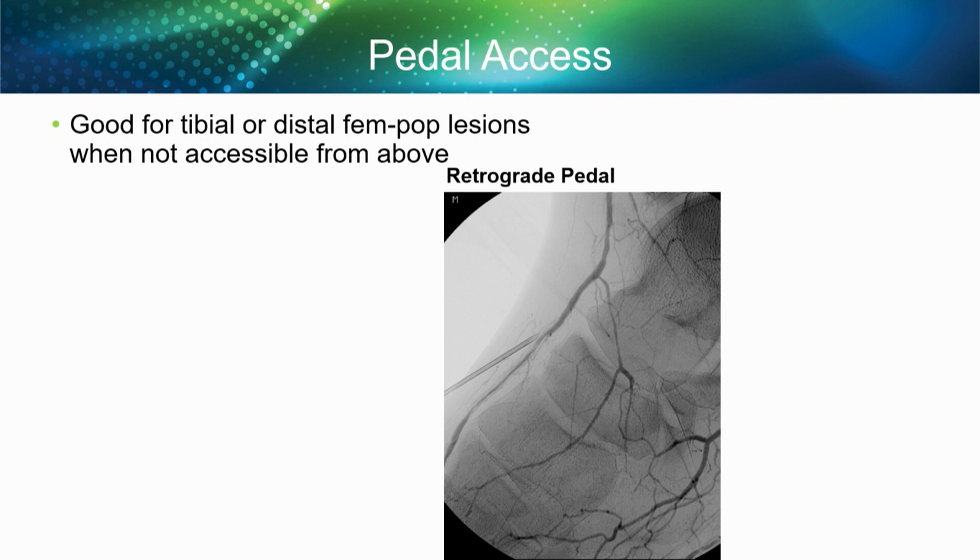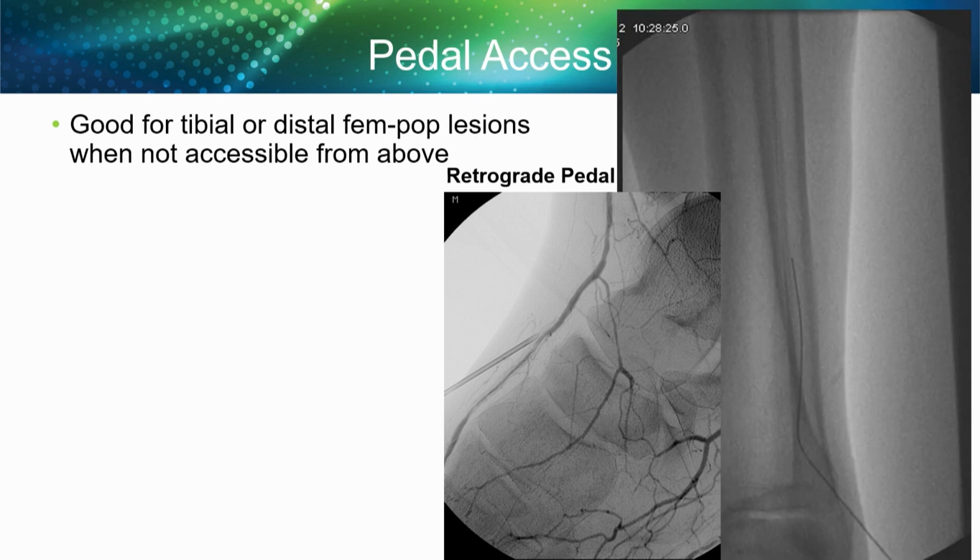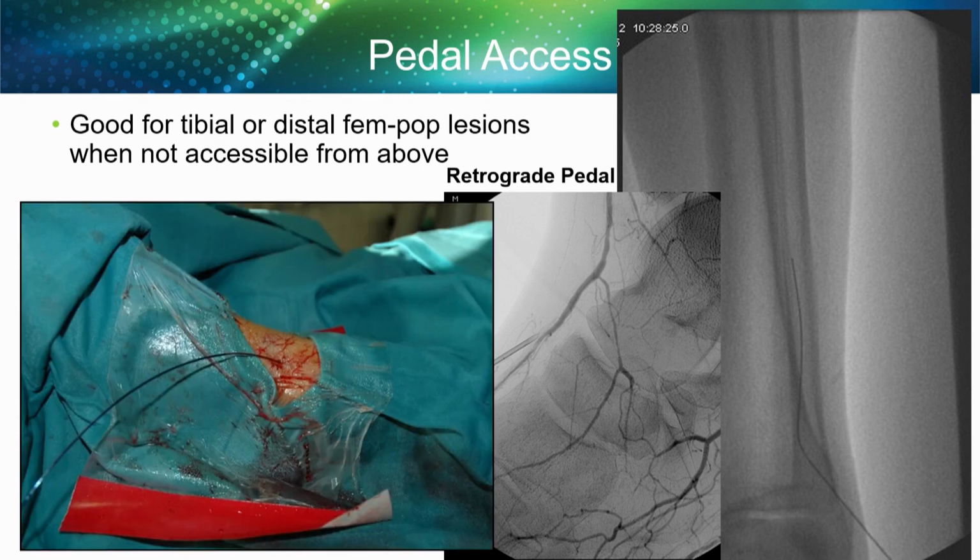As far as pedal access, this is good for tibial or distal fem-pop lesions when they're not accessible from above. You can do this percutaneously, either fluoroscopically, or in our hands, typically under ultrasound guidance. You can place a wire through and generally do a sheathless type of approach.